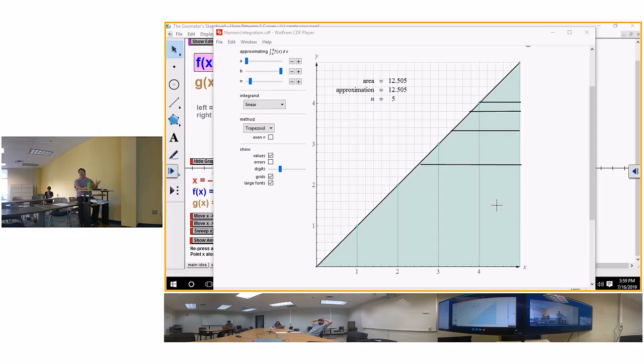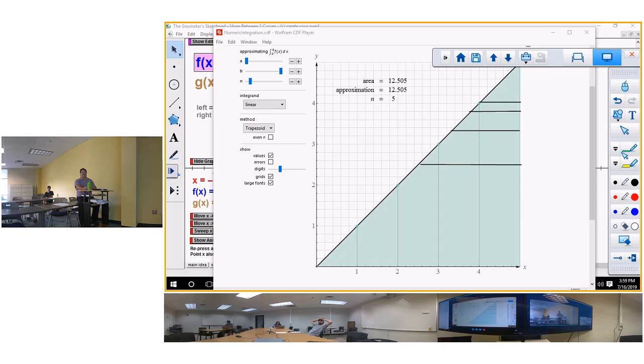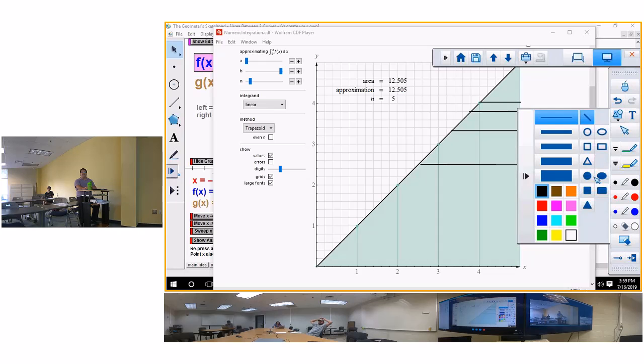I'm not going to spend a lot of time on Riemann's sum because I think most of you can understand that if I make this a triangle, let me show you. If I make this a triangle, I'm trying to find, I don't use this very often. Let's go with a green triangle or a green rectangle.